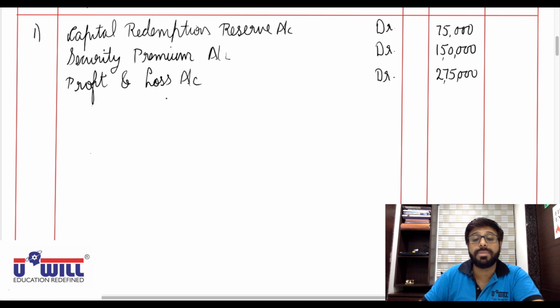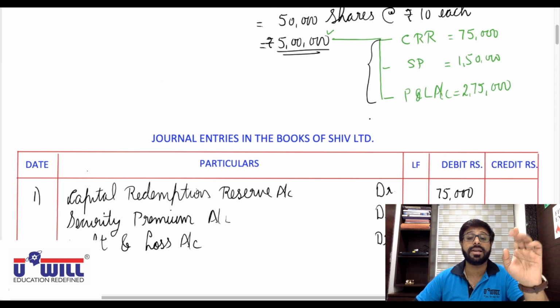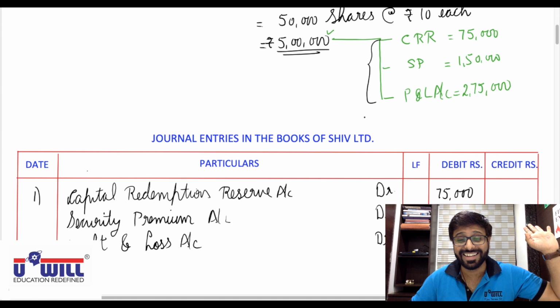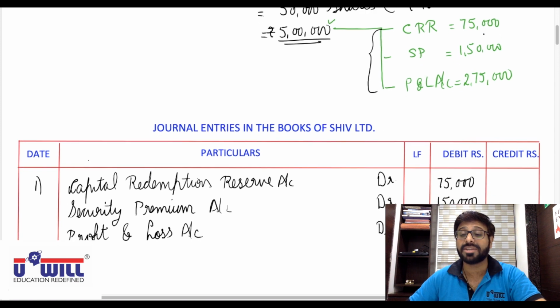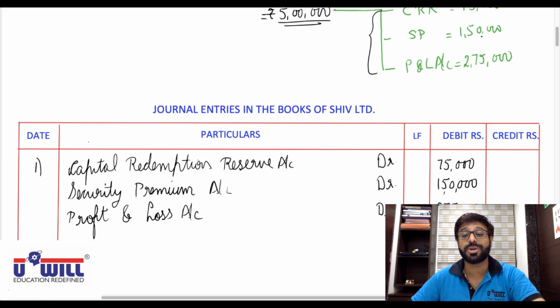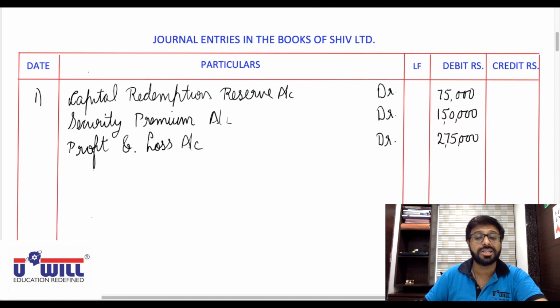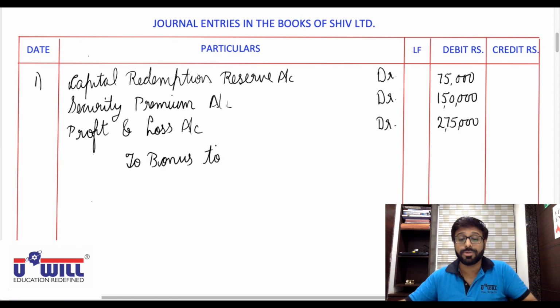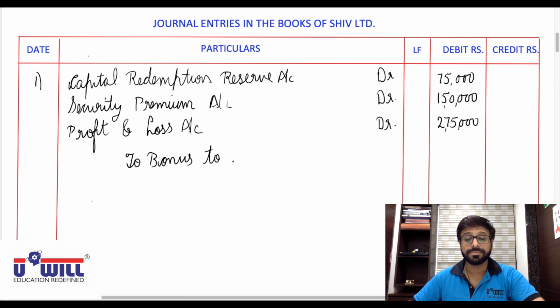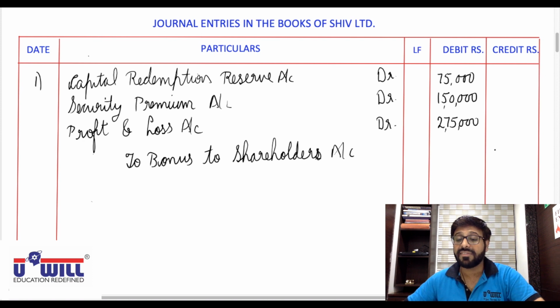Okay, so reserves account debit, but specifically which reserves you have to mention. Don't directly write reserves account debit 5 lakhs. Which reserves, what amount you need to mention that. So reserves debit means capital redemption reserve, we will utilize 75,000, security premium 1,50,000, and profit and loss 2,75,000, to bonus to shareholders account 5 lakhs.